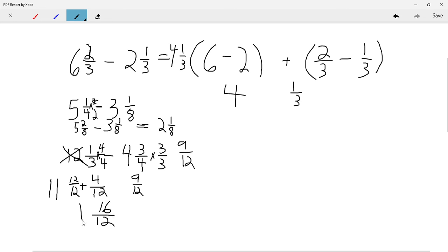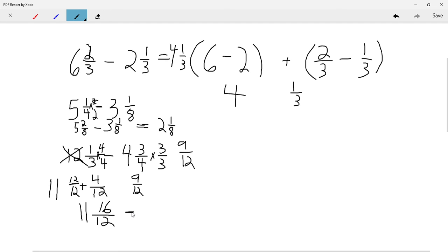Okay, so we are at 11 and 16 twelfths, which equals 12 and 1/3, or 12 and 4 twelfths, right? Because we just took one whole away from the whole numbers, and then we added it to the fraction.